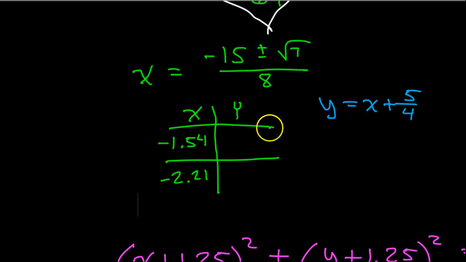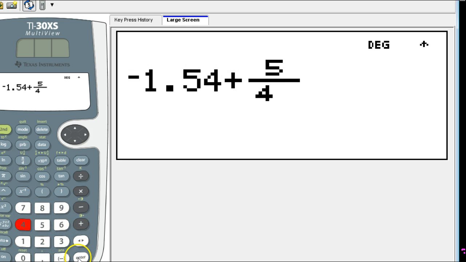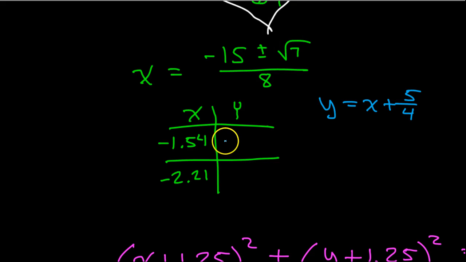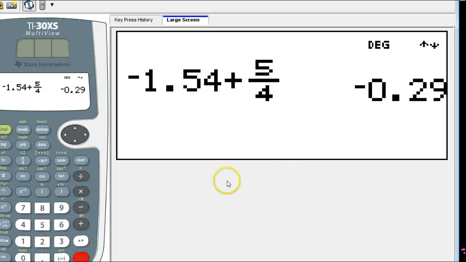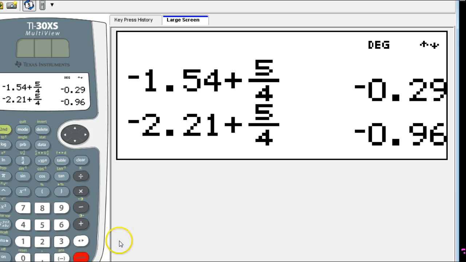So if we do negative 1.54 plus 5 over 4, that's negative 0.29. And if we do negative 2.21 plus 5 over 4, that's negative 0.96.